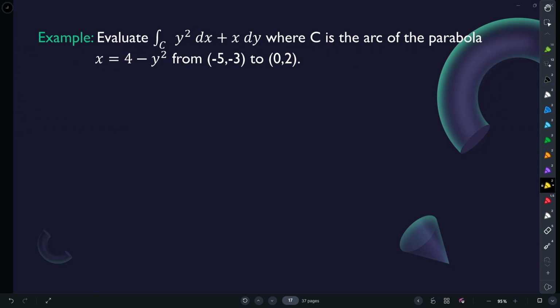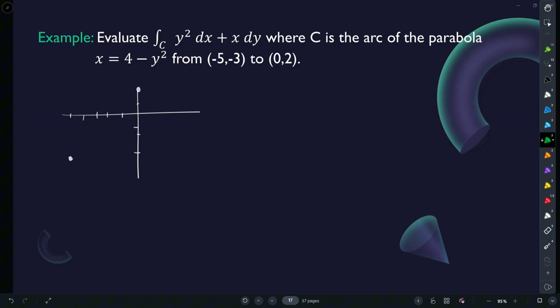Let's do the same integral, the same function, but now I'm actually taking a different path. I'm still going from here to here. But now they tell me that x equals 4 minus y squared actually passes through both.